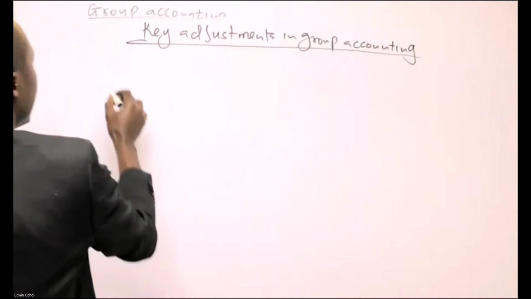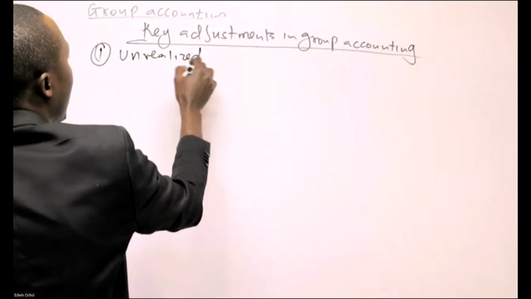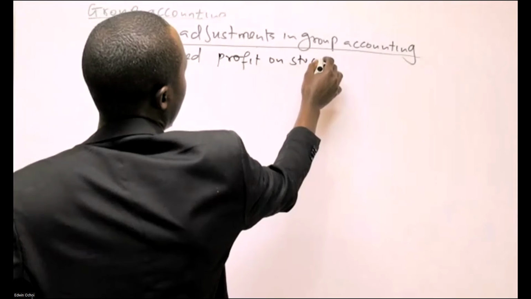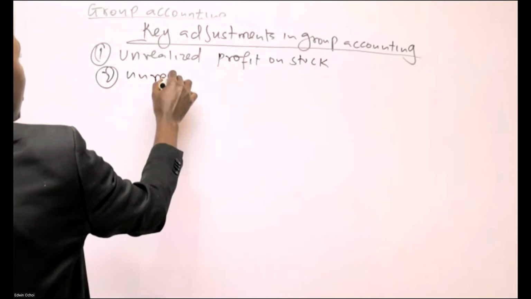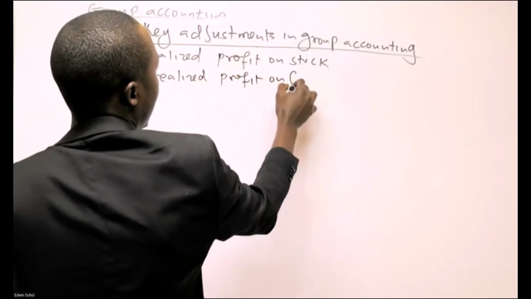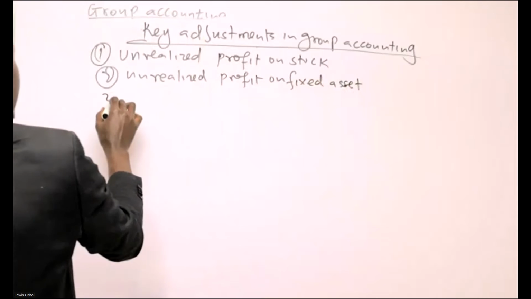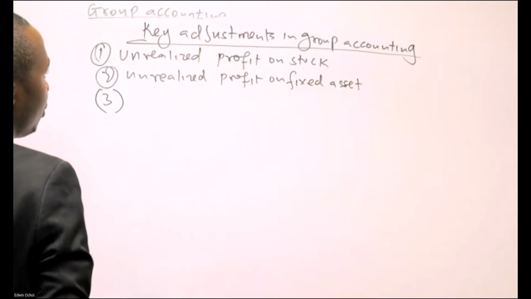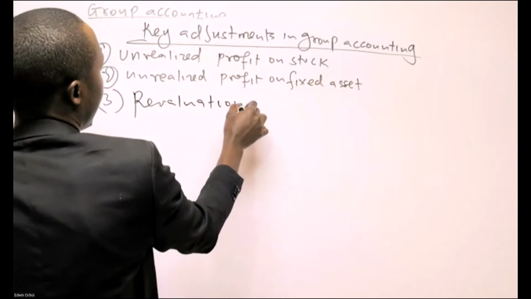The key adjustments in group accounting: number one, unrealized profit on stock. Number two, unrealized profit on fixed assets. We can also talk about revaluation gain.